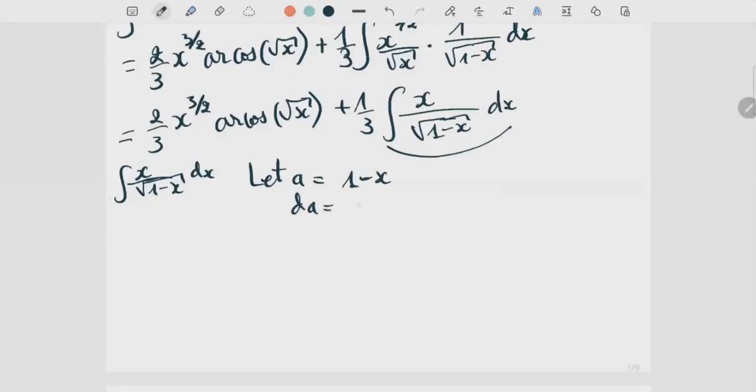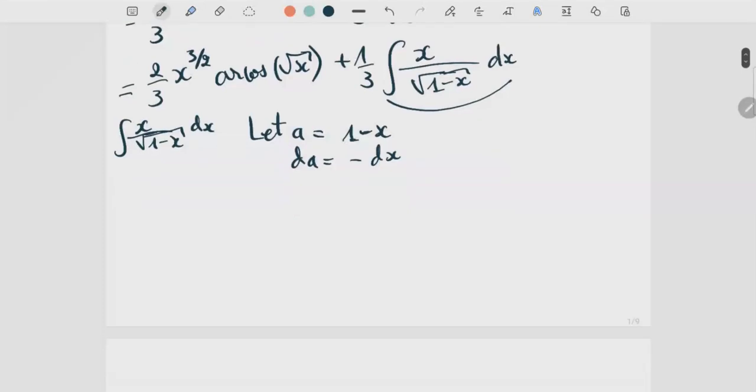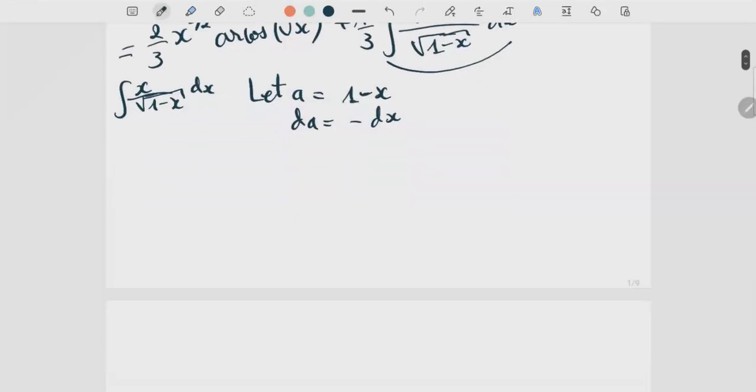dA is therefore equal to negative dx, right? And when you substitute that into the expression, you have x, which will now become 1 minus a, right?